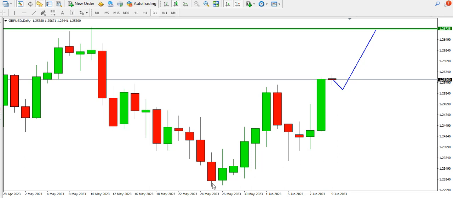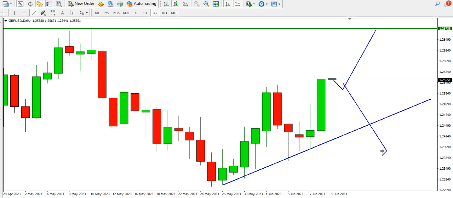With this formation where we have a low, high, higher low, higher high, we are looking at a bullish trend formation. In a bullish trend formation, there's always going to be an ascending trend line that might be respected unless price breaks below it. You will expect a retest of the trend line and a solid bounce of price.